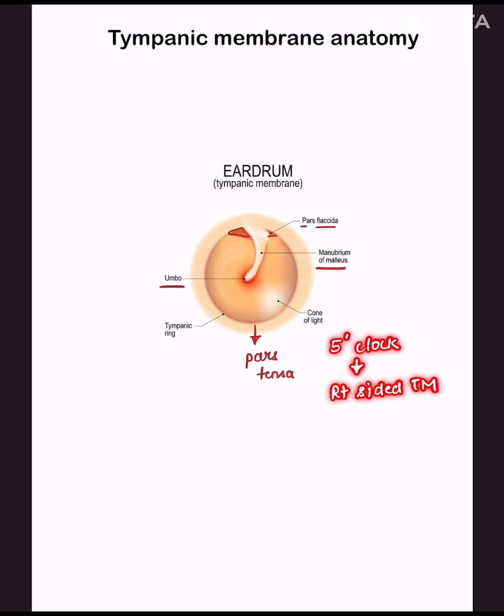If the cone of light is at 7 o'clock position, we are seeing left sided tympanic membrane. The tympanic membrane arises from all the three germ layers. Color of the tympanic membrane is pearly gray.